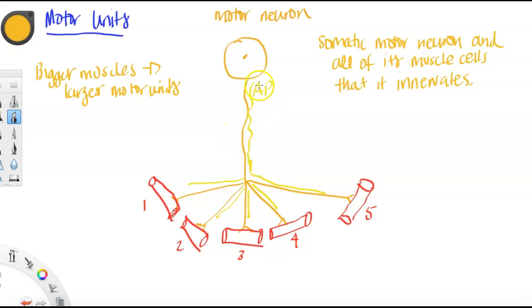So when an action potential goes down the motor neuron and innervates all of these muscle cells, they, of course, contract.